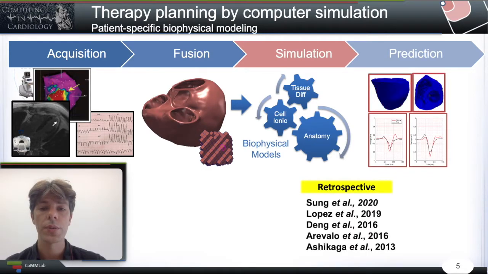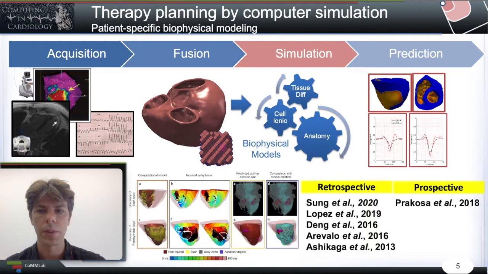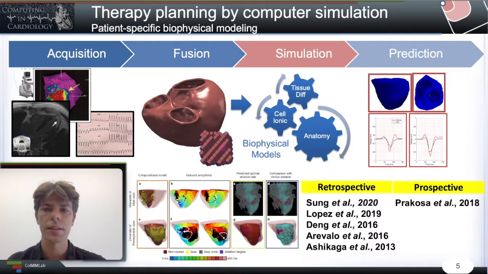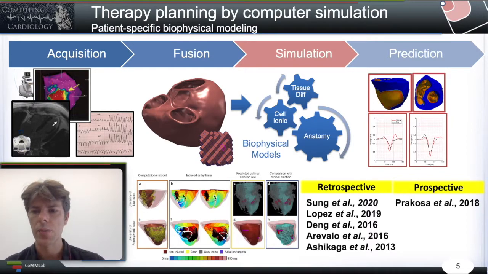There have been some retrospective studies that have shown the power of these computational models by biophysical modeling, in which they were able to predict the location of the slow conduction channels and the optimal ablation site, as well as a prospective study in which the data was presented to the doctor beforehand with potential locations of the channels that were sustaining the arrhythmia.